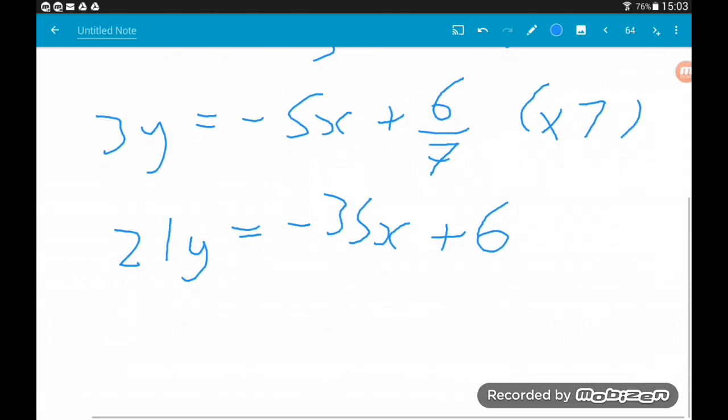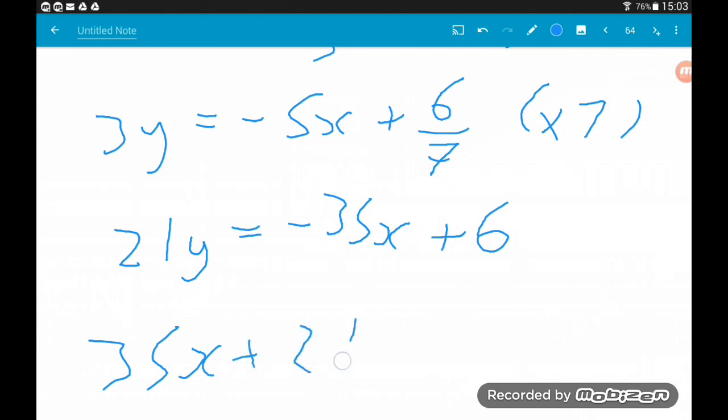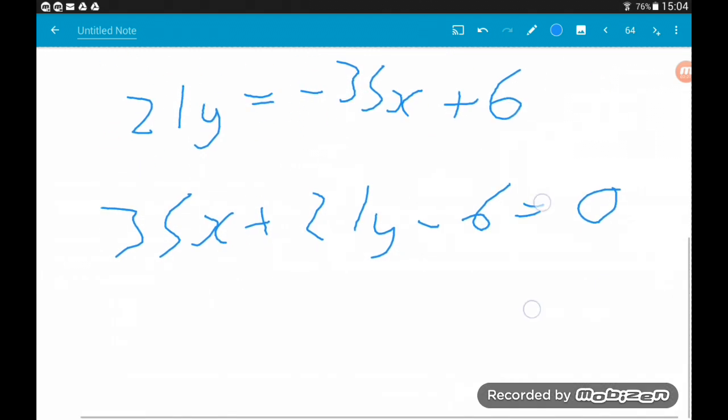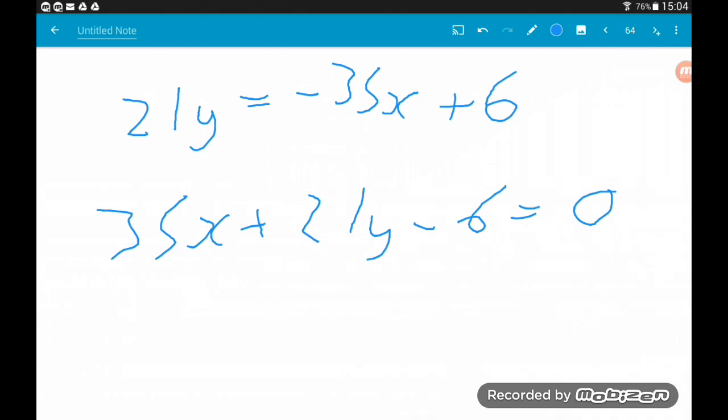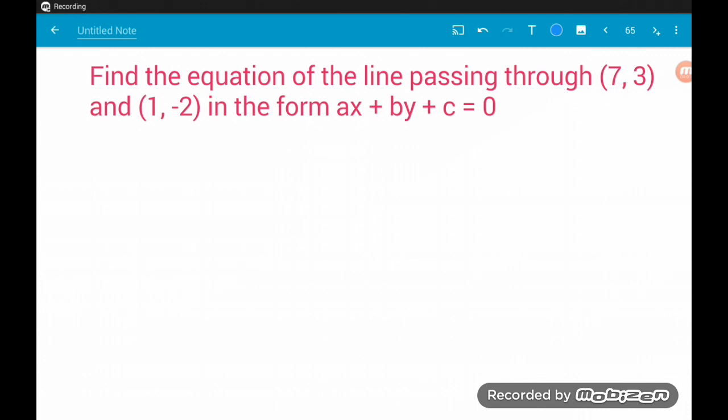So if we add 35x, 35x plus 21y, and then if we subtract 6, minus 6 is equal to 0. So there's our line in that form. Okay, final example then.